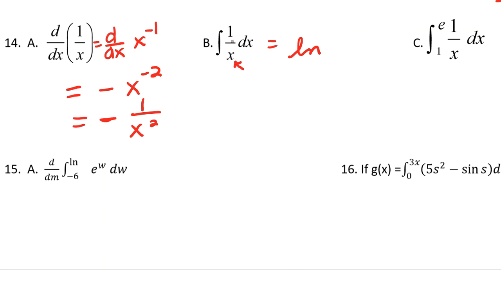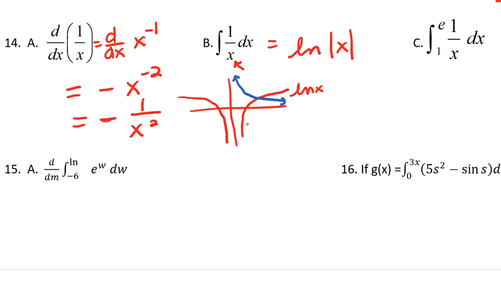And now, because this 1 over x is also the derivative, if we do a natural log curve with 2 branches, recall that the derivative of natural log of x was this curve 1 over x. But if we had the absolute value of x, that doubled our curve. So we've repeated this in class, but let me know if we need to practice this again.